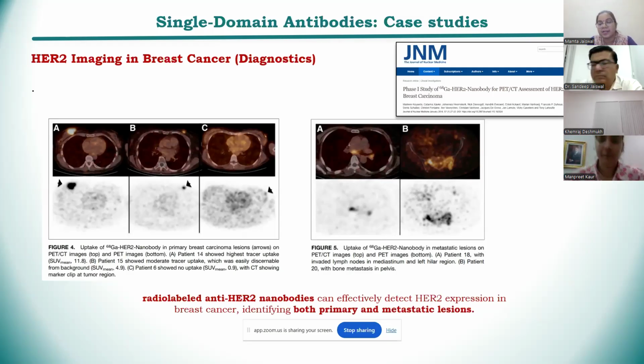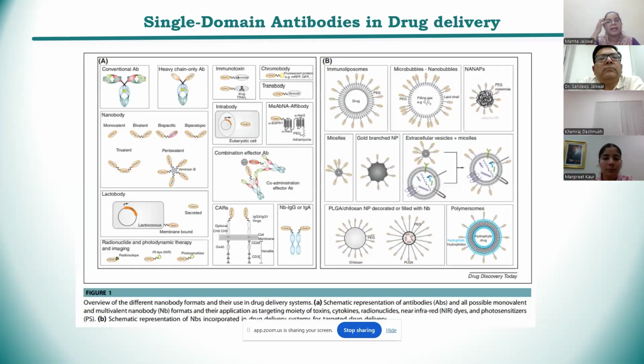Like conventional antibodies, single domain antibodies are now also used, or they are trying to use them, as a drug delivery system because of their small size, and by decorating the drug on the surface with many nanobodies.